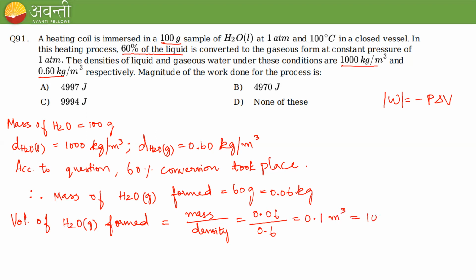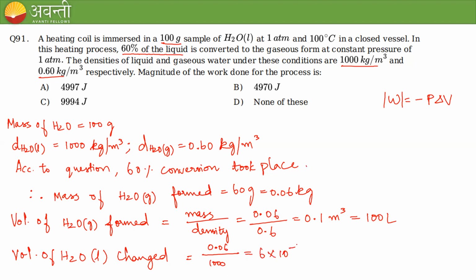We can take this as 100 liter. Now the volume of H2O in liquid that is being changed is equal to 0.06 divided by the density of the liquid water, which is 1000. It is equal to 6 into 10 to the power minus 4 meter cube, which is equal to 0.6 liter. So these are the volumes.